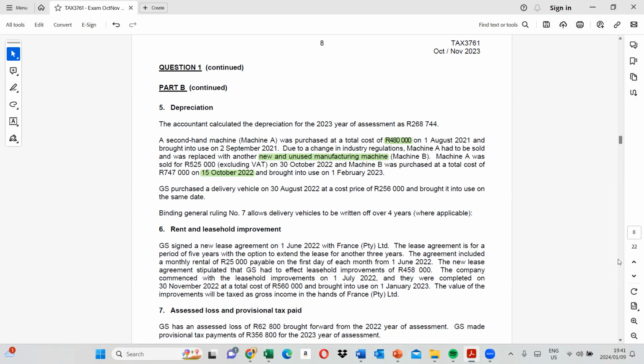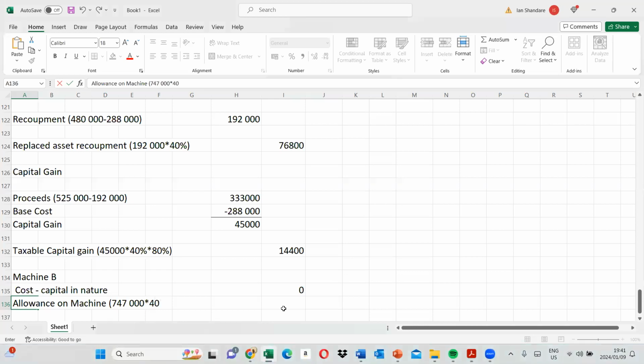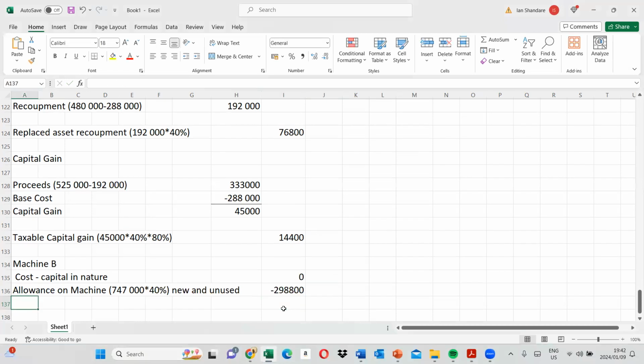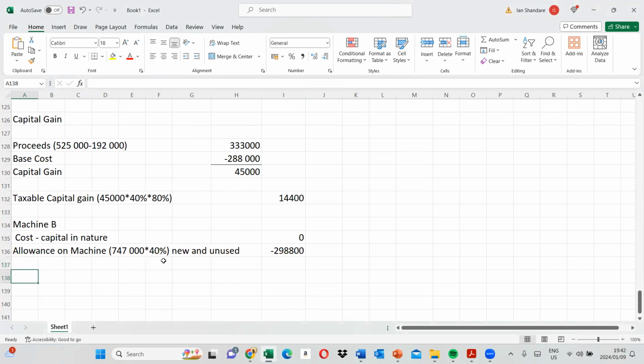So we just have to deal with the calculation. We have 747 times 40%. In this case, its allowance would be that. That's what we have in regards to machine B.